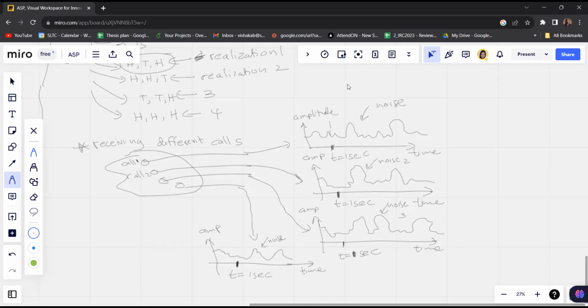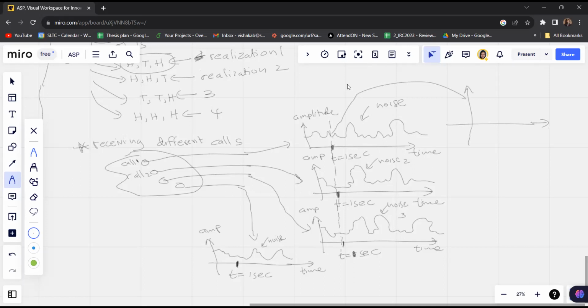I want to draw a vertical line. Under time equals 1 second, I will take the amplitudes of all these waveforms and plot the probability density function of the amplitude.